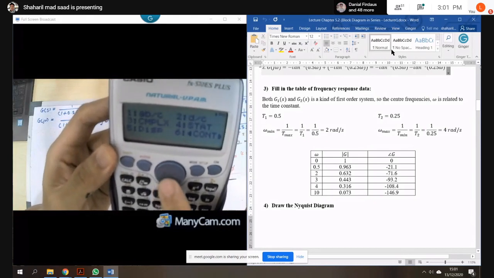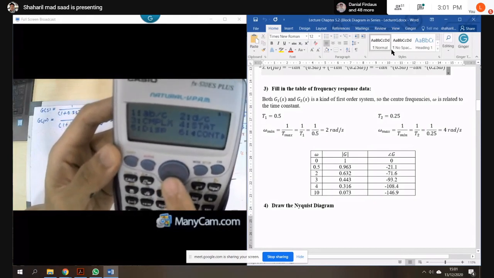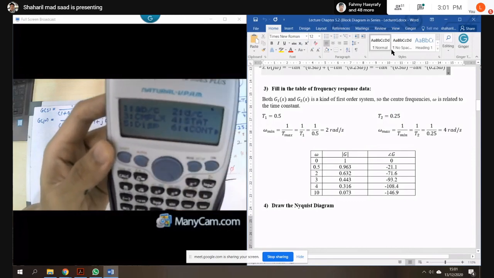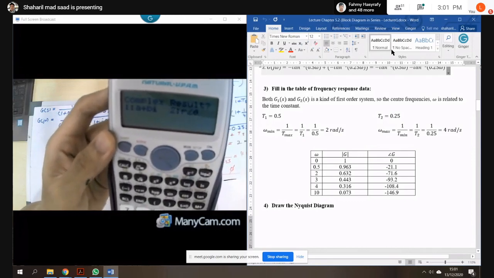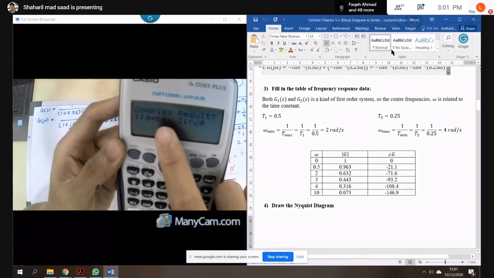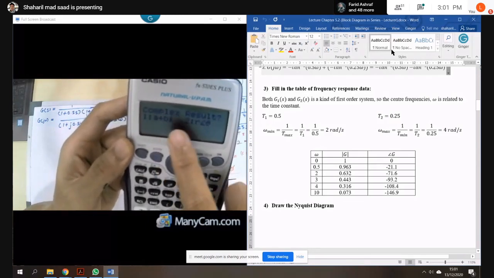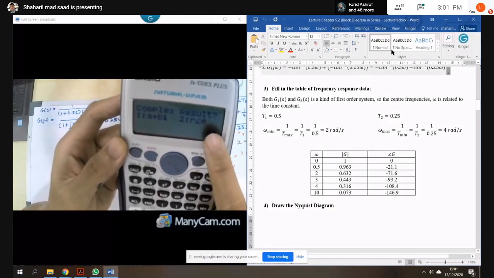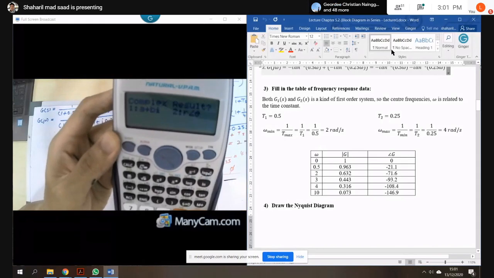Press your arrow button, and then you can see the complex, number 3, you just press 3. It wants you to choose between the one that has the j and the real part, or the magnitude and the phase angle. So right now choose number 2.